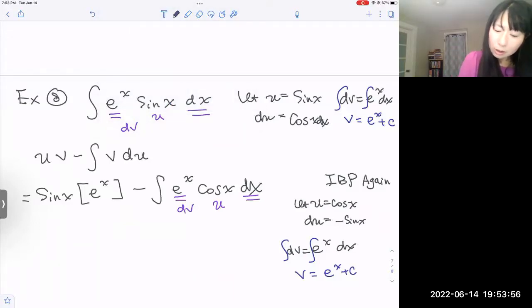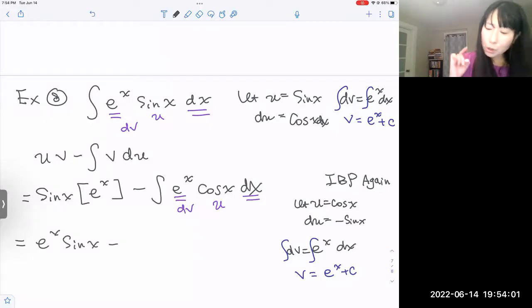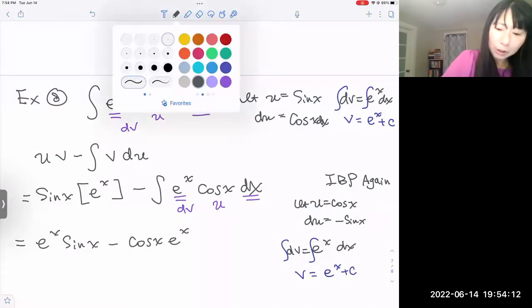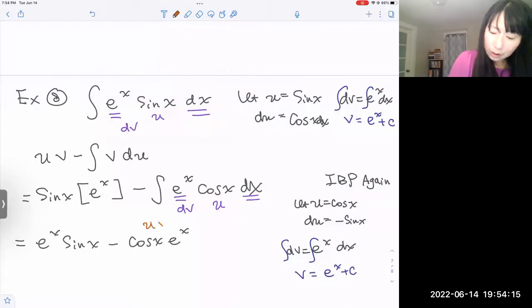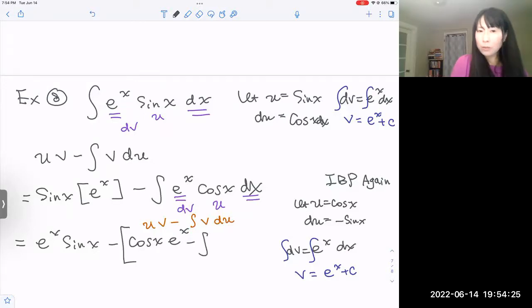So we have e to the x sine x minus, u is cosine x, v is e to the x. Let me write it down for you: uv minus integral of v du. Then minus integral of v, which is e to the x, du, which is negative sine x.